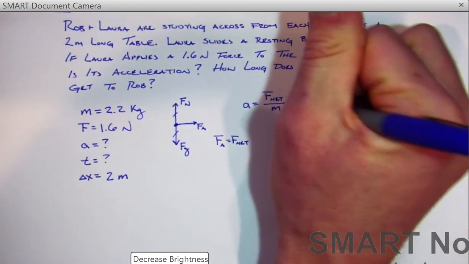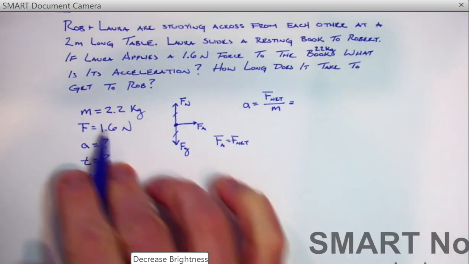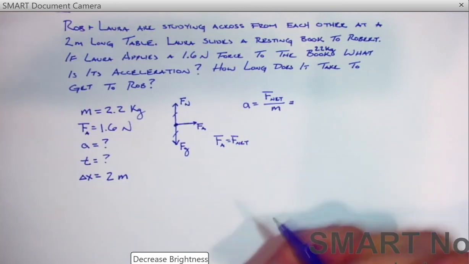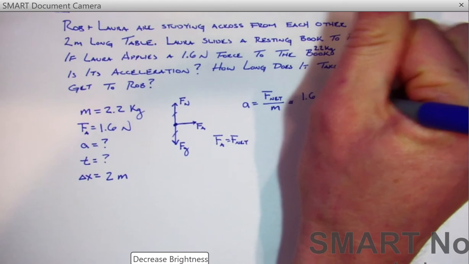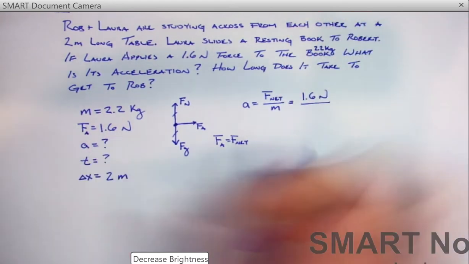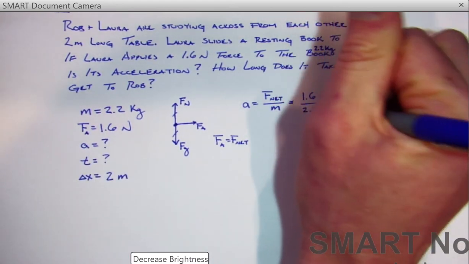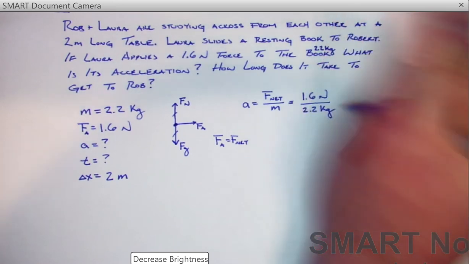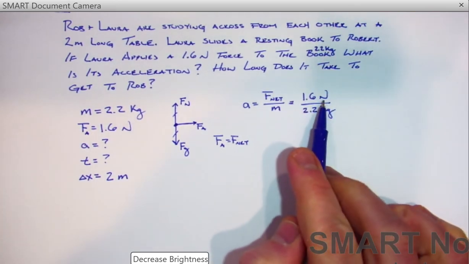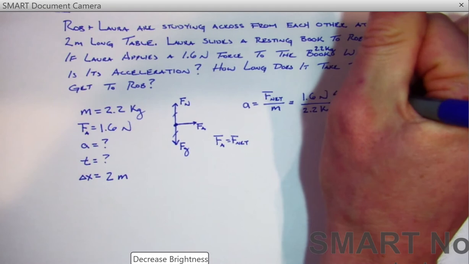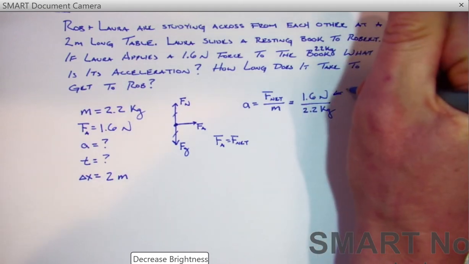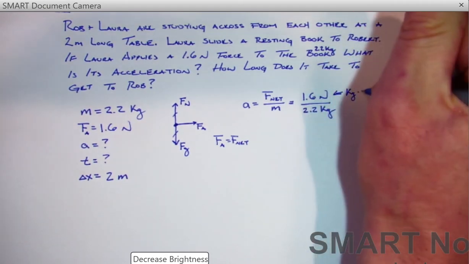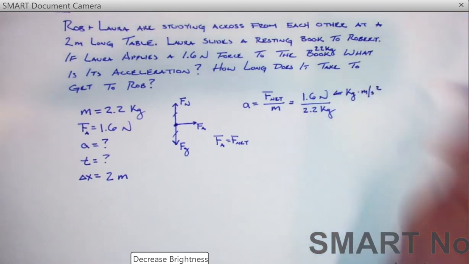So from there, that just means F net is going to be 1.6 newtons, and the mass of the book is 2.2 kilograms. Now it's important to remember that we know a newton is equal to kilograms times meters per second squared.